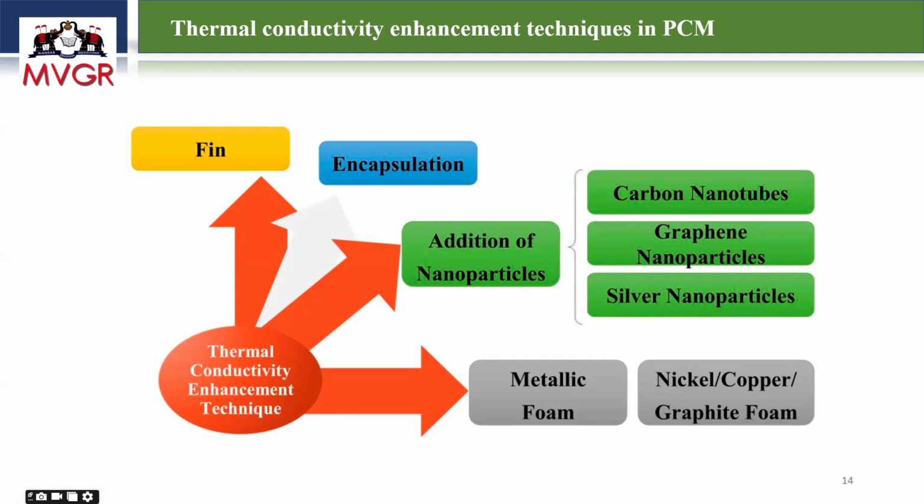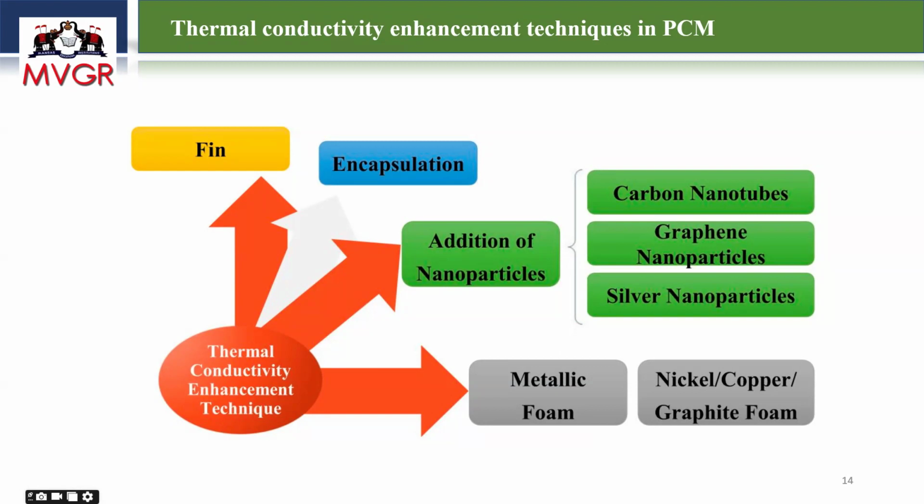That is a problem. When you use it in a real-time application, it will be converted to liquid state, and obviously it will leak out. So you want to arrest that leakage, and you want to improve the thermal conductivity. I already told you the major problem with phase change materials is lower thermal conductivity. So we need to improve the thermal conductivity, and meanwhile arrest the leakage issue.